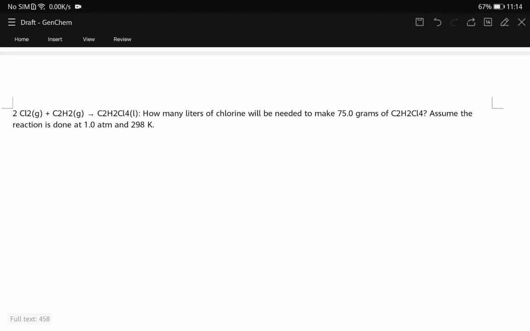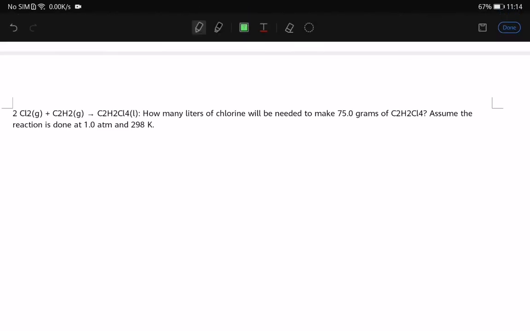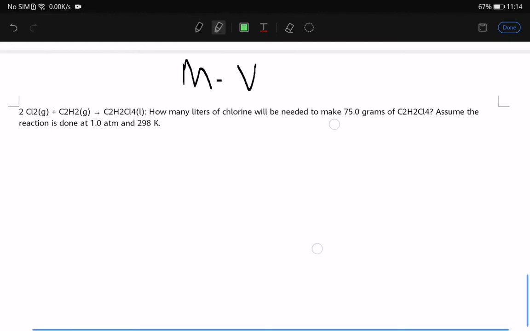So now, what did you notice? It's a different type of problem. This is what we call the mass to volume relationship, or ratio, however you want to call it.